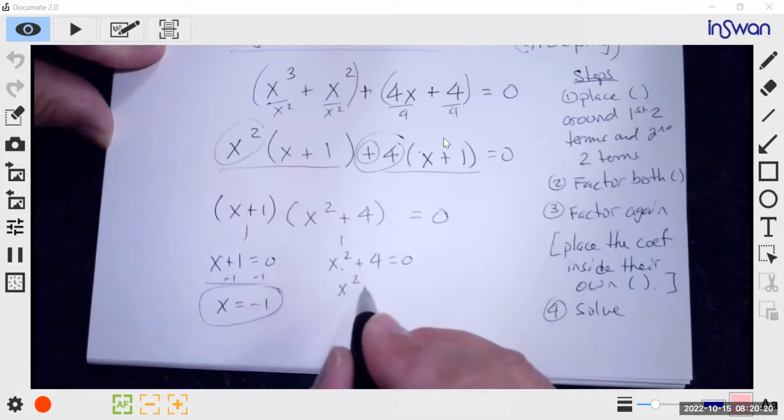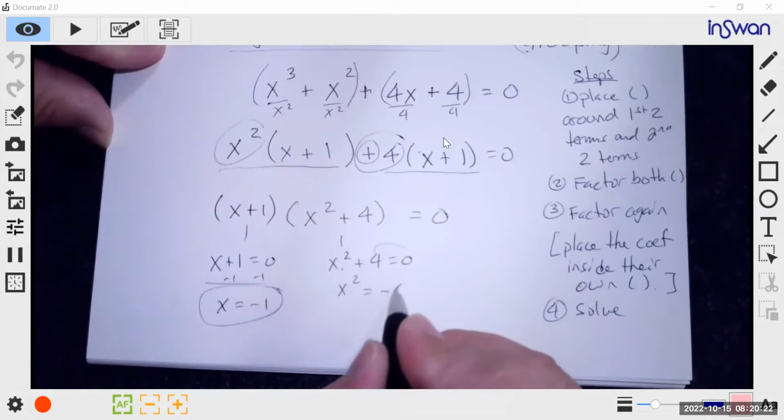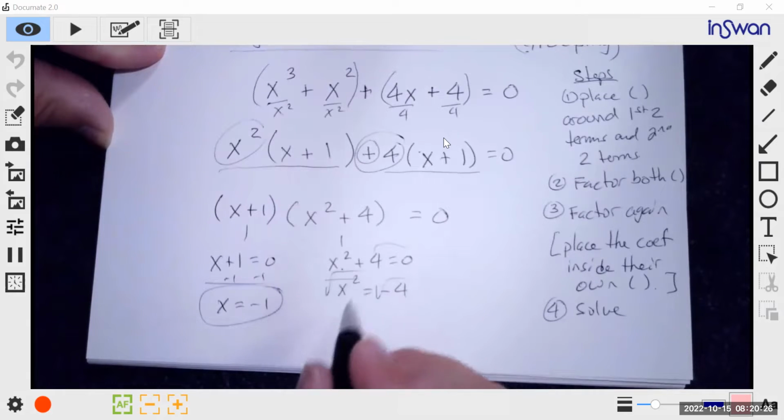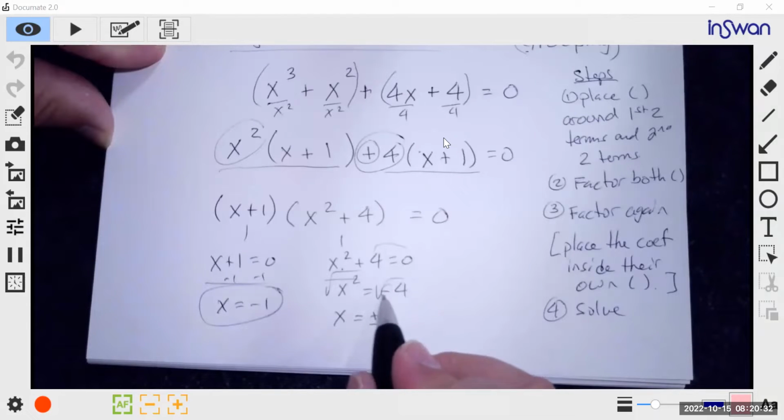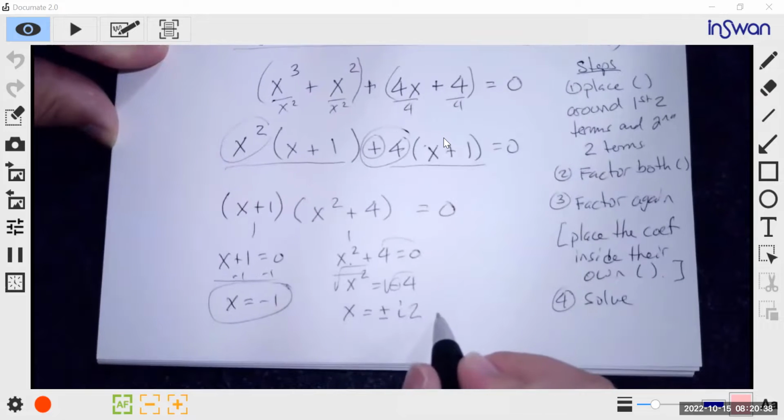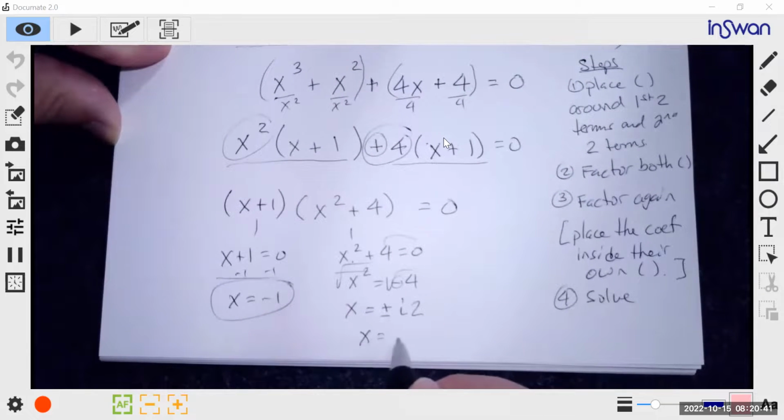So x squared, move the 4 to that side, equals -4. Square root both sides. The square root and the square cancel, so I have to put a plus or minus over here. There's a negative inside the square root, so that's an i. Square root of 4 is 2. So the answer is plus or minus 2i.